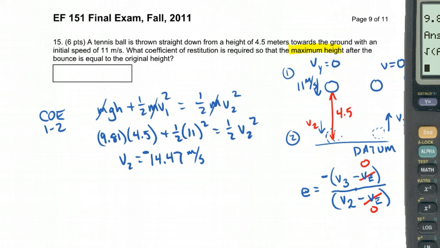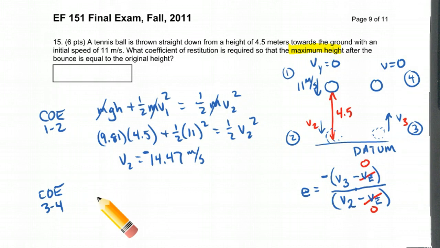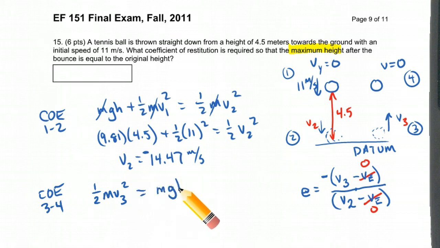And we'll use conservation of energy going from 2 to 3. Excuse me, 2 to 3 is the collision. So 3 to 4 to find the velocity 3 that's required to get up to that height. So at velocity 3, we just have some kinetic energy, 1/2 mv3 squared, is equal to mgh.